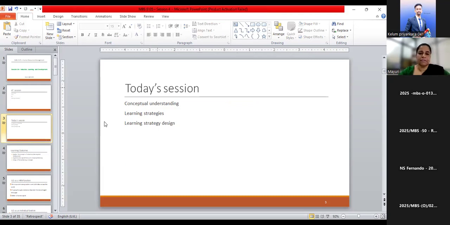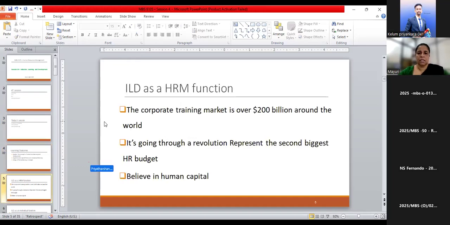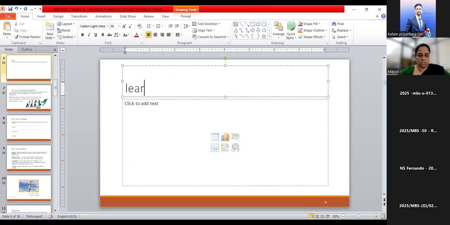We will start with conceptual understanding. Now, when you look at learning as a function, it can be considered as a function, and also as a practice in an organization.